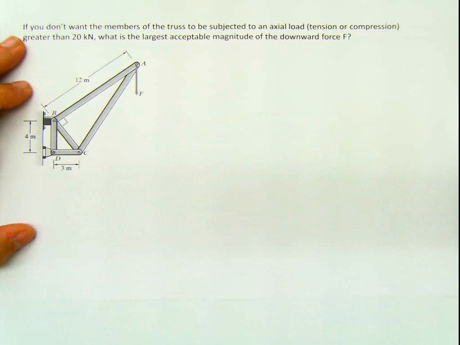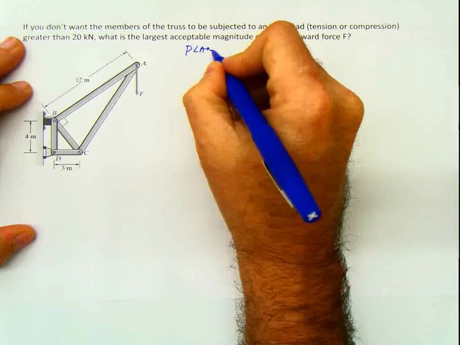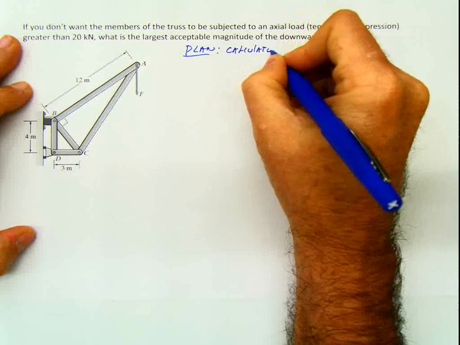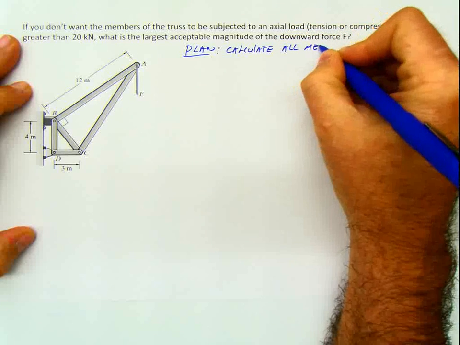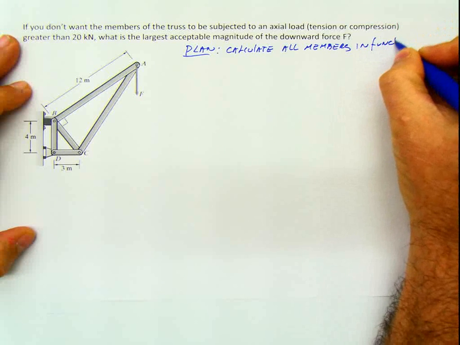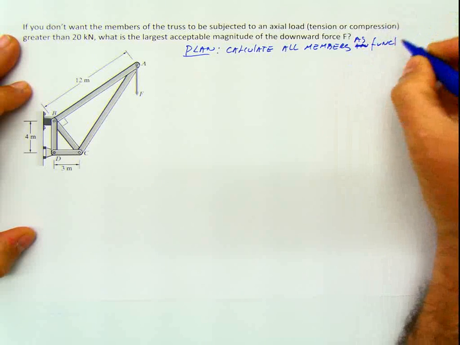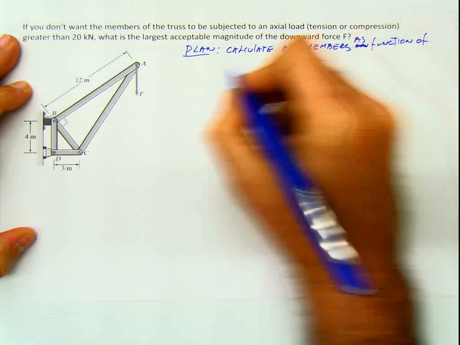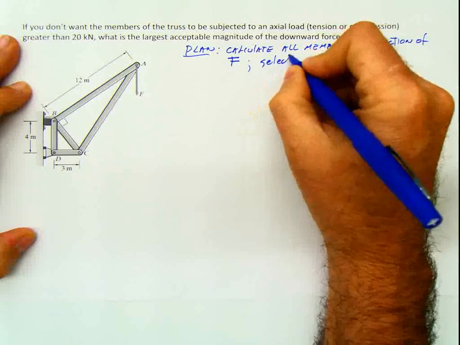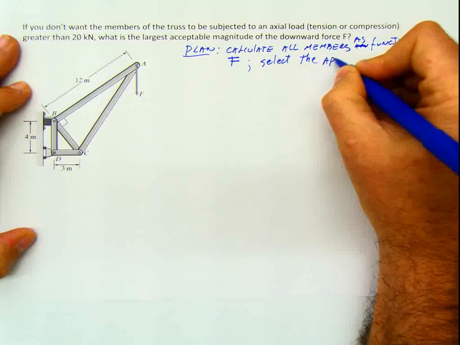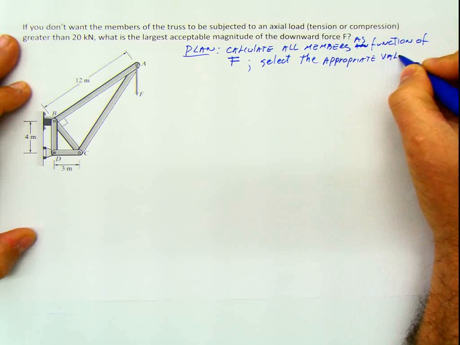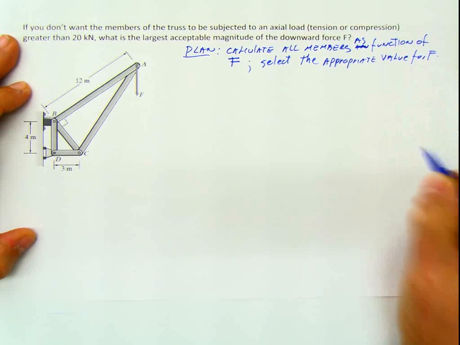So basically what we're planning on doing is calculate all members as a function of our force F, and then select the appropriate value for F. That's what we have to do.